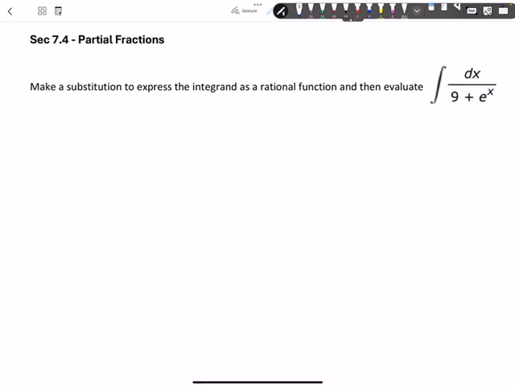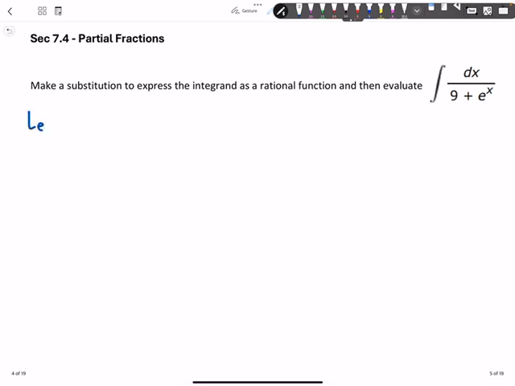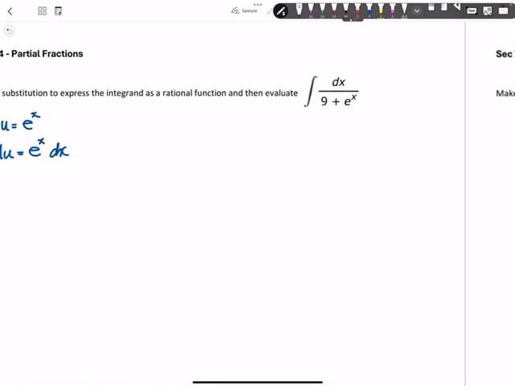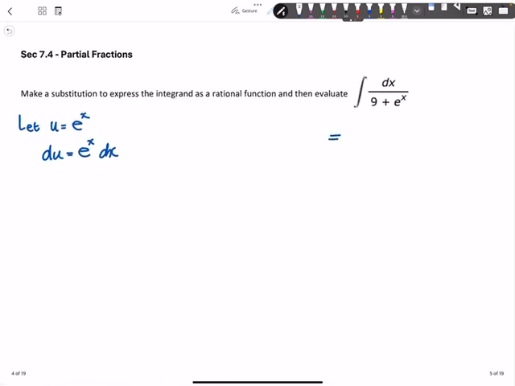So let's let u be equal to e to the x. So it follows then that du is equal to e to the x dx. I can see that in my expression, I am going to have to solve for, if we rewrite, this is the integral of 1 over 9 plus e to the x dx.